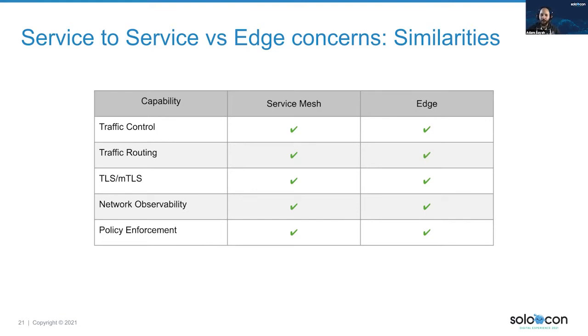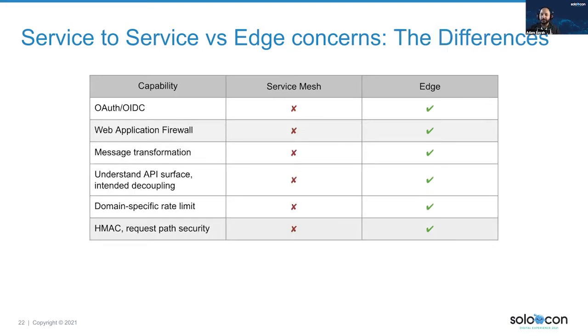They'll have routing. They have TLS, for example, origination and termination. You'll have telemetry, and also some sort of policy and security enforcement. Now, in terms of differences, at the edge you have different concerns compared to a service mesh. At the edge, you'll need, for example, to authenticate your request using, for example, OIDC.